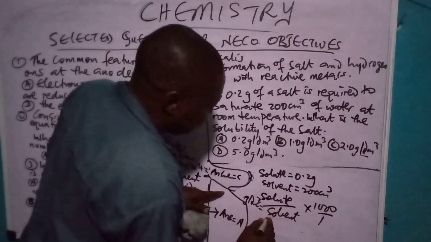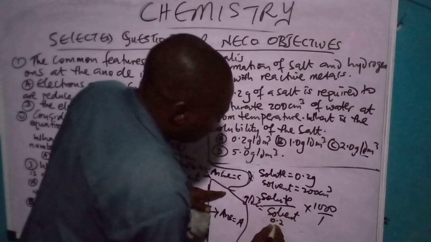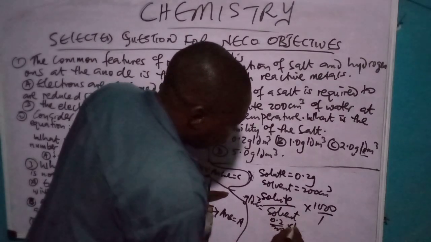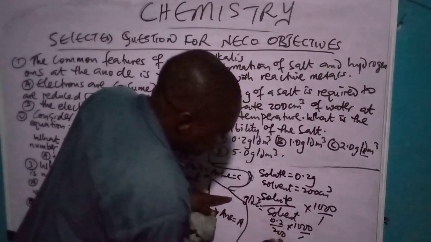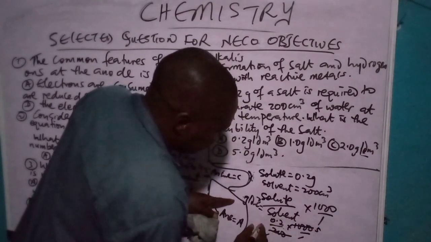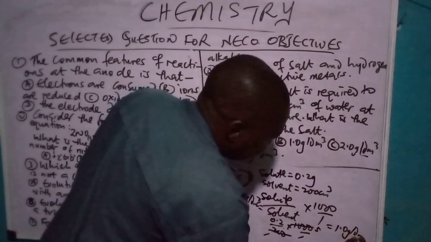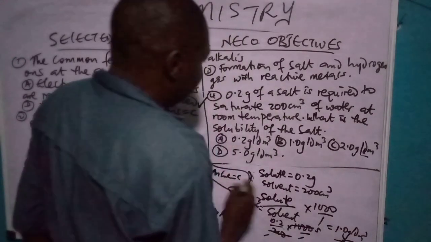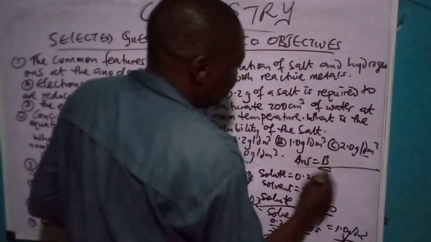Solute here is 0.2, over 200, times 1000 over 1. 200 here goes 1, 200 here goes 5. 5 times this one gives you 1.0 gram per dm³. Let's see. So B, answer equals B. Option B is the answer.